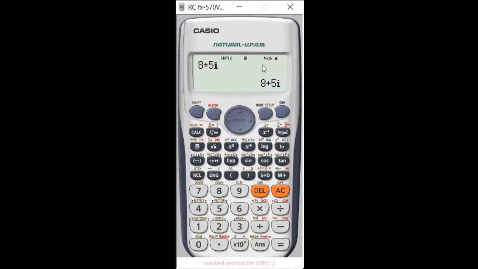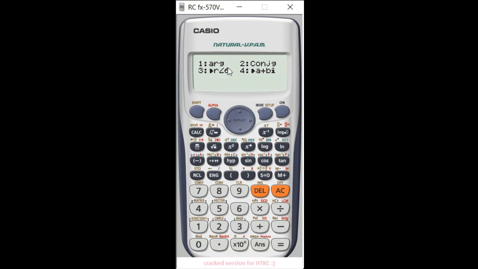This is in the rectangular form, and sometimes we typically want to work in polar form, right? Because you will understand certainly why. So let me just redo this: 8 plus 5i. Sometimes you want to convert between rectangular and polar form. So you go shift, you go to number 2, and you click number 3.